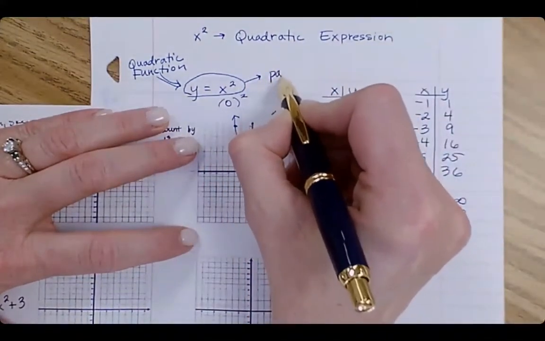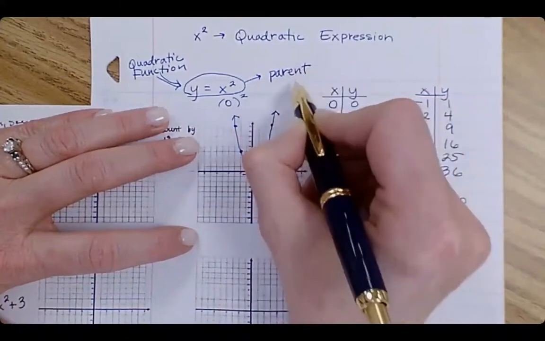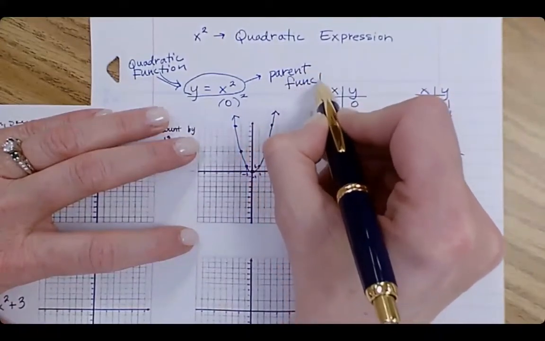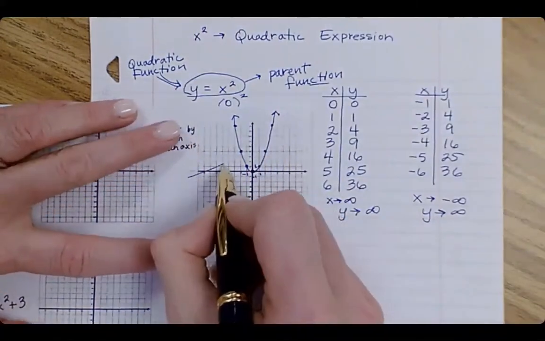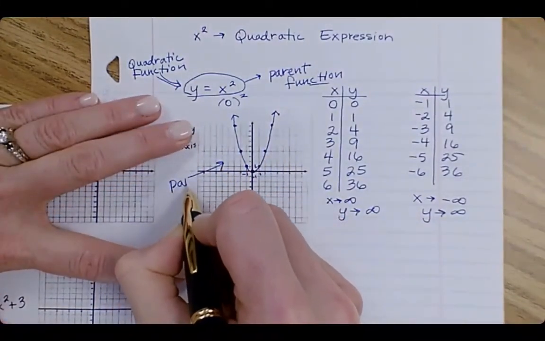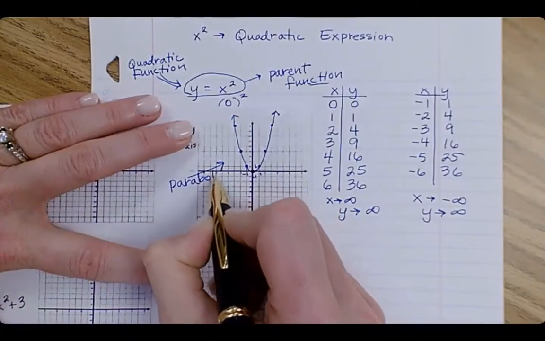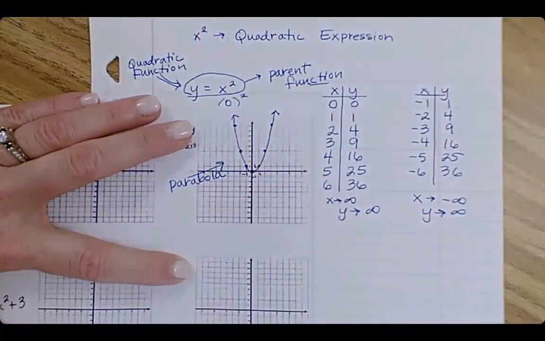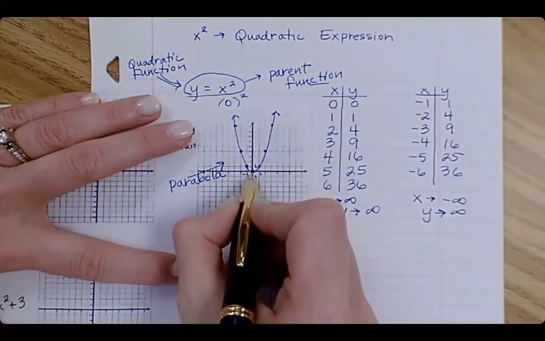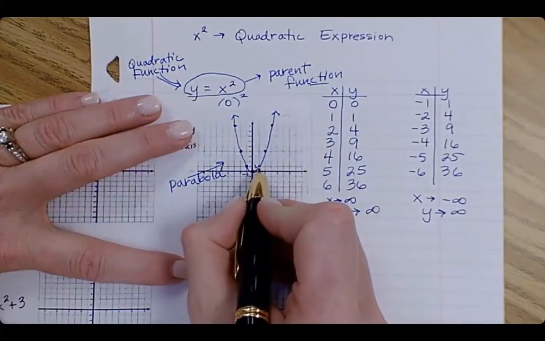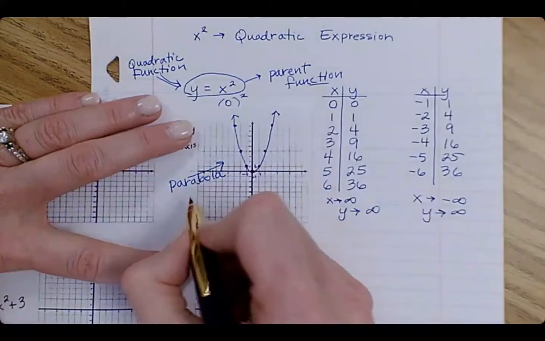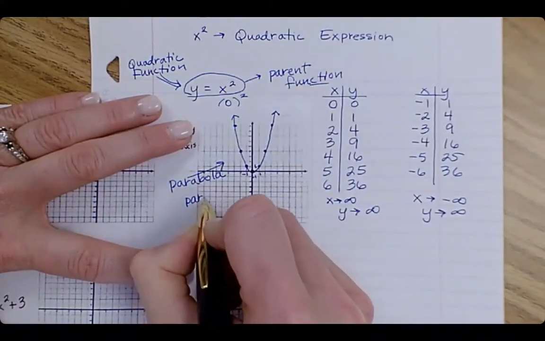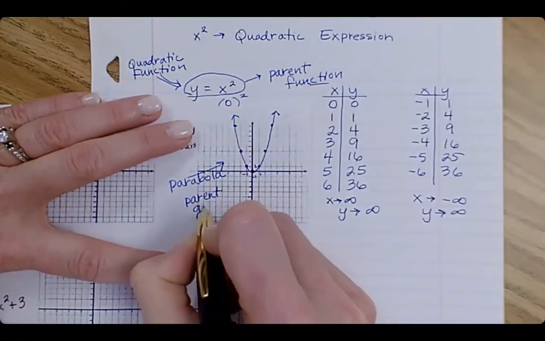This is called the parent function of a quadratic because it is the most basic equation. This is called a parabola. And this specific example where we are at the origin and then we go over 1, up 1, over 2, up 4, over 3, up 9, this is the parent graph of a parabola.